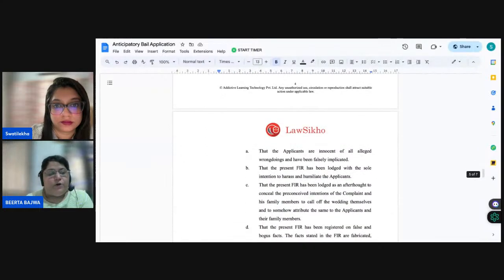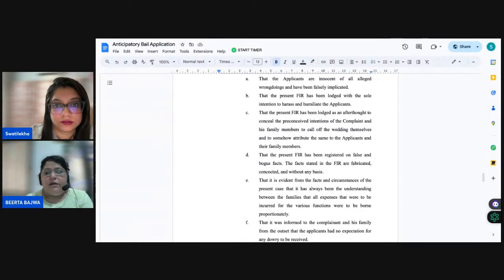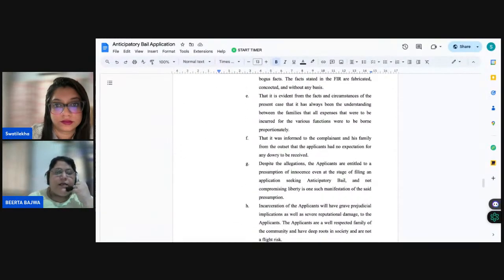That means when there are offences of forgery and offences of 420, the offences are all relating to documents. It can be substantiated through documents, and for that the accused does not need to go into custody. This judgment clearly says that when the documents speak for themselves, the custodial interrogation of the accused is not required.